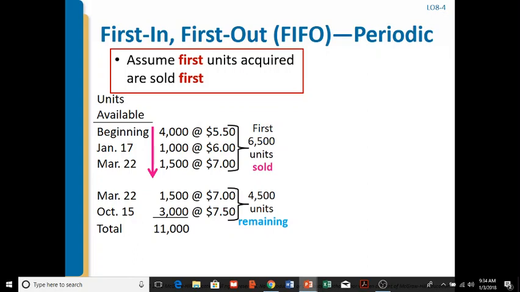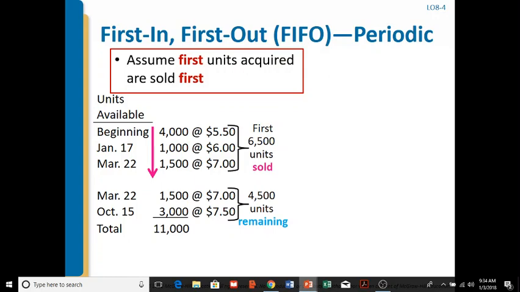Well, we use that up. That's 5,000 units that we've accounted for. And so we have to go to that next layer of 1,500 units. And fortunately for our example, that layer exactly uses up all of the units sold.